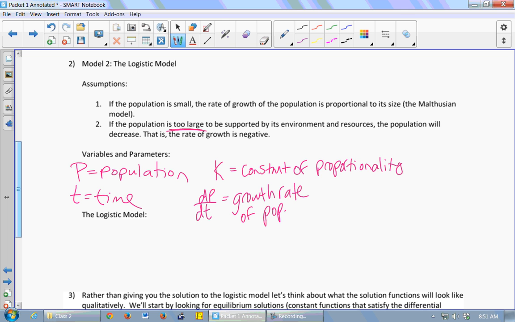So we'll give that a parameter name. For different populations in different spaces, it's going to be different, but it'll be some value, and we'll call it N, and we'll call that thing the carrying capacity. So in every modeling problem, N is a parameter that you have to figure out. What is the carrying capacity for this population in this environment?